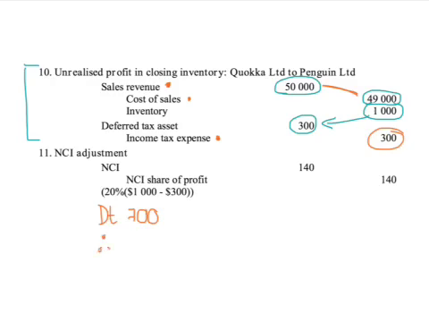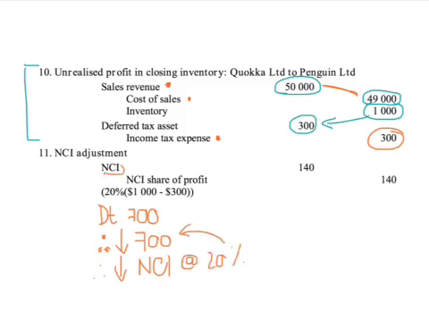So therefore the earnings of the group is going to decrease by $700, and because the earnings is going down by 700, the NCI should move in line at 20% of the 700.